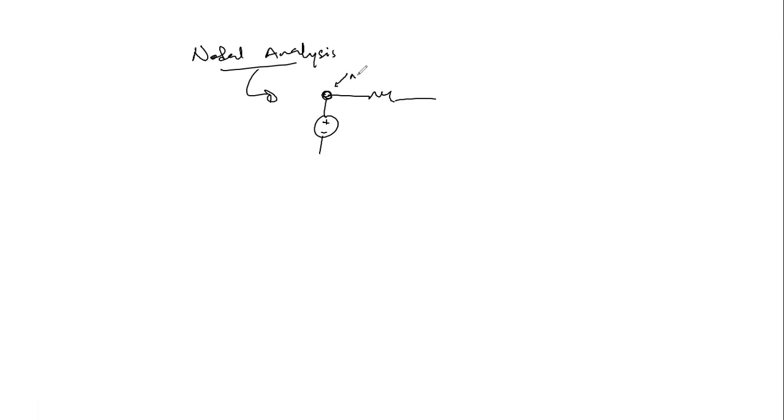So this is a node. Two or more branches. So should we have two or more elements joined together, the point at which they join is referred to as a node. And then we could extend this a little further.